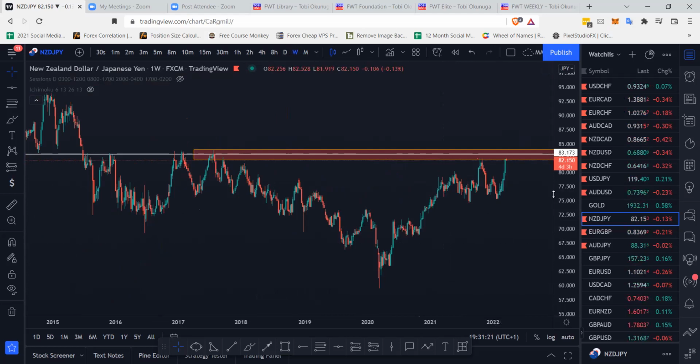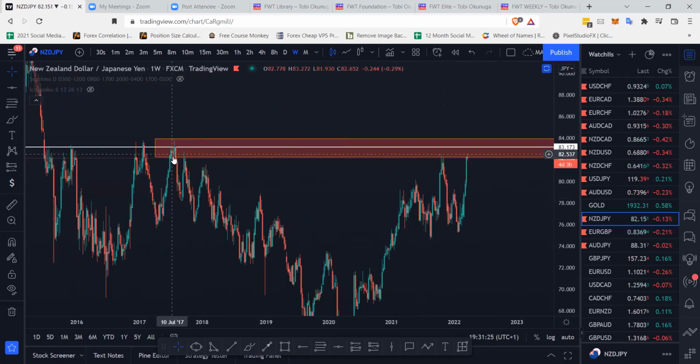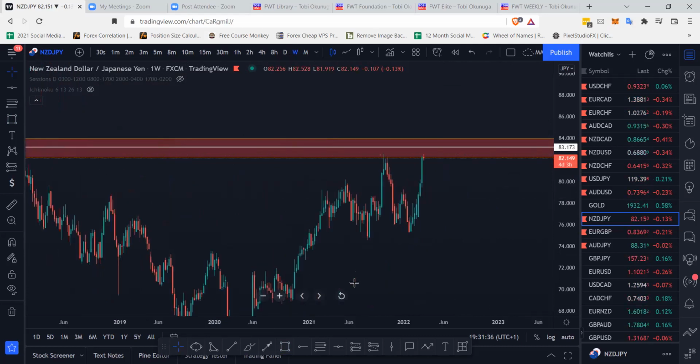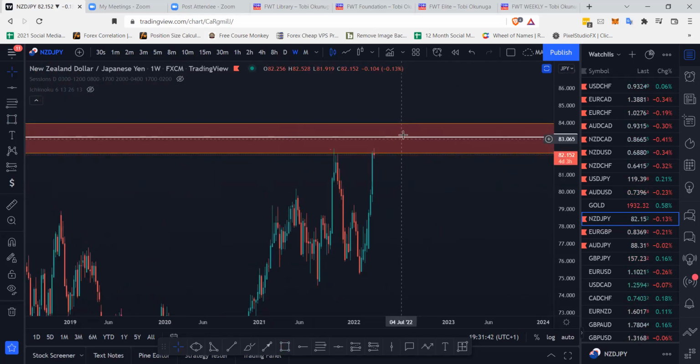Okay, if you are doing weekly, the zone here is rally base drop. All right, good. So guys, naturally you want price to come to this median line. When price hit this median line, you can look for entry on the 30-minute charts or on the 4-hour chart.